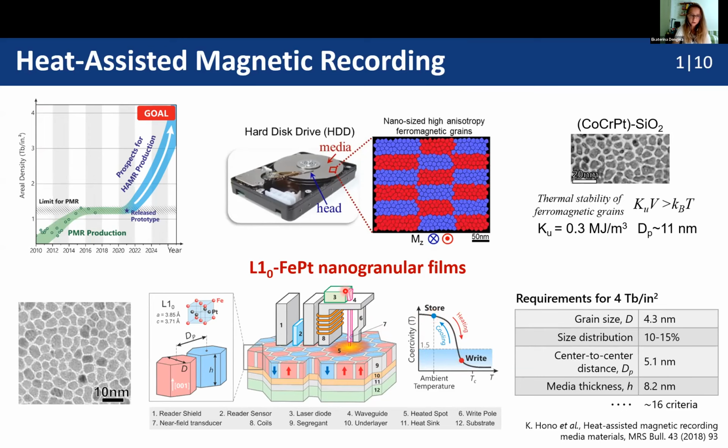Nowadays, this technology is one of the most prospective for the future, and iron-platinum nanogranular films with L10 ordering are the most prospective for it. A lot of requirements should be met for such a material, and that is why nowadays a lot of tasks for optimization of these materials are carried out, and our work is one step in this direction.